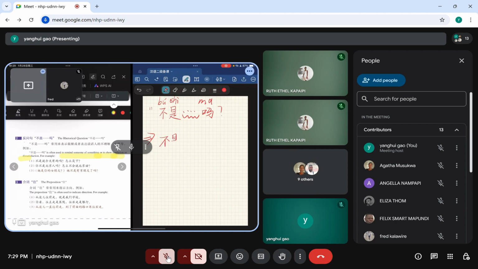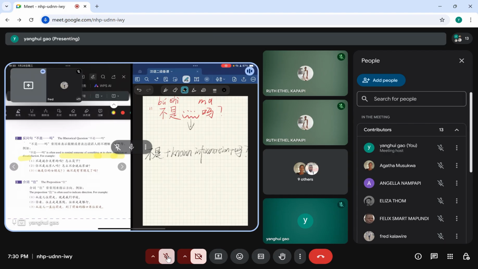This part, we use known information. Add the 吗.